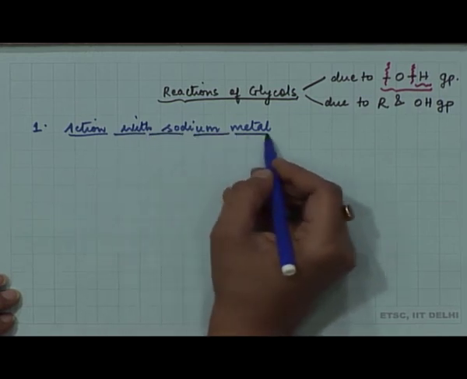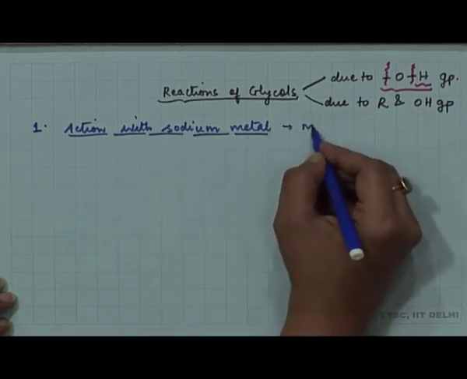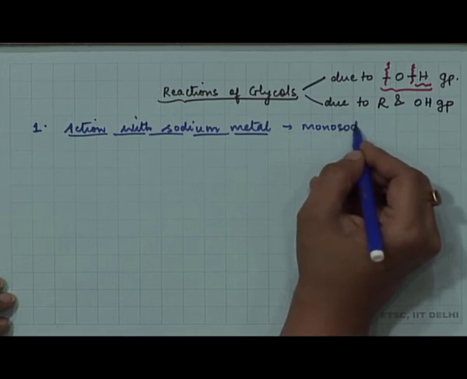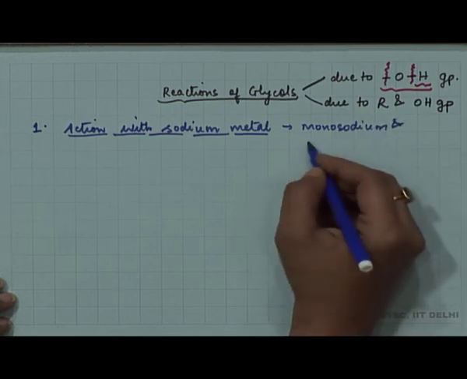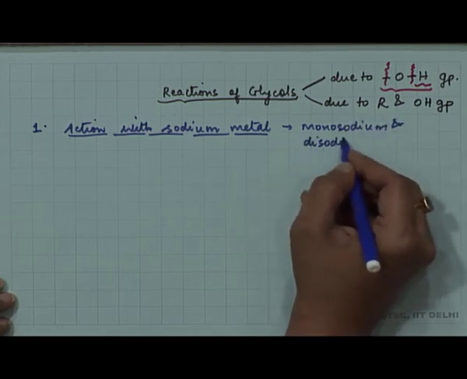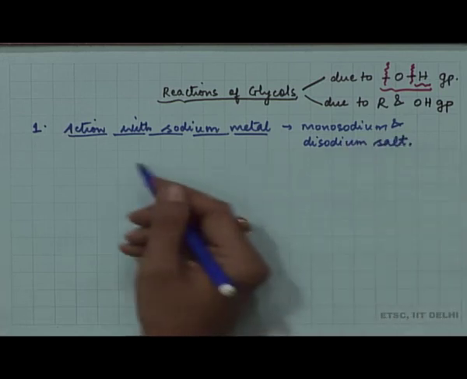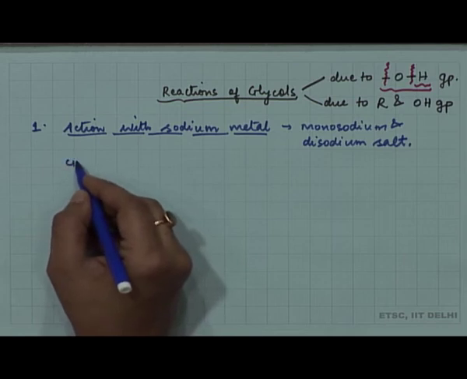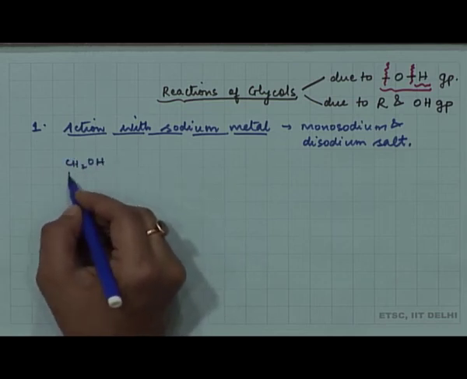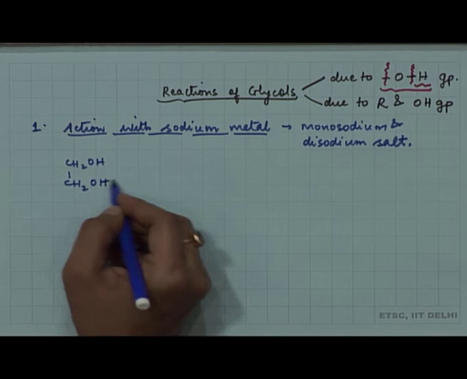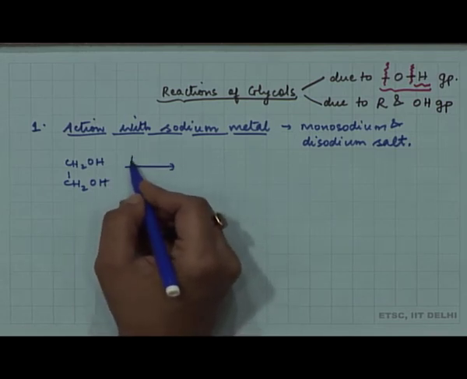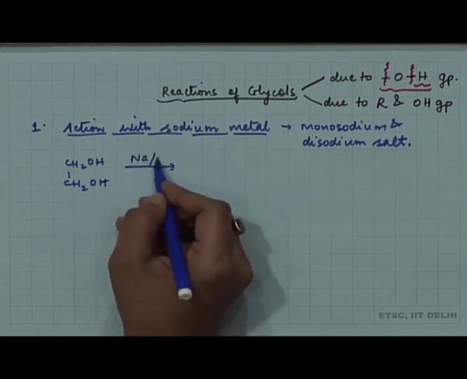Since these are dihydric alcohols, obviously you will expect to get a monosodium and a disodium salt. All these reactions we have done earlier also for alcohols, but just a recap for you to know that it works the same way with diols as well. So, you take the 1,2 diol, and the only thing we are showing here is it takes place sequentially one by one.